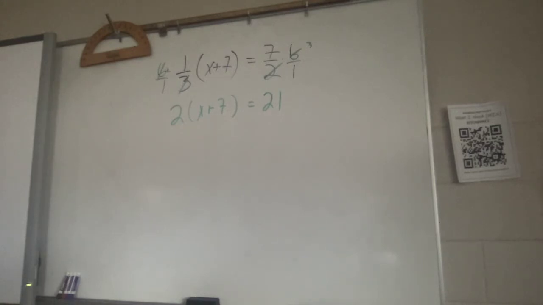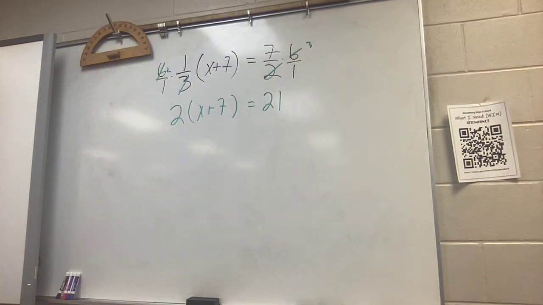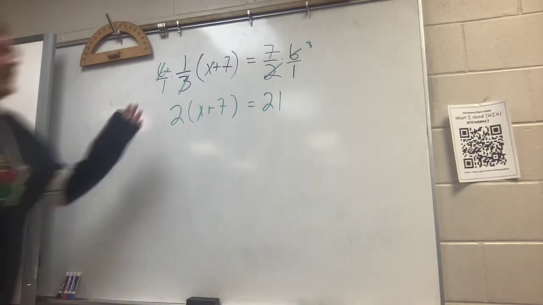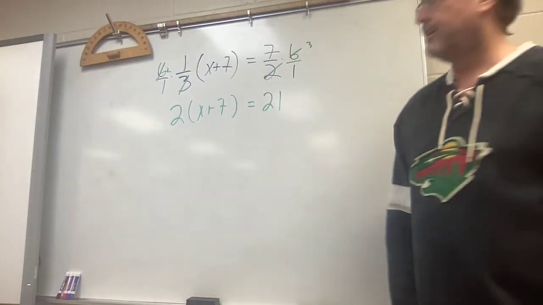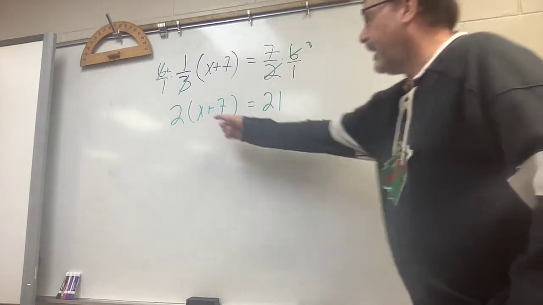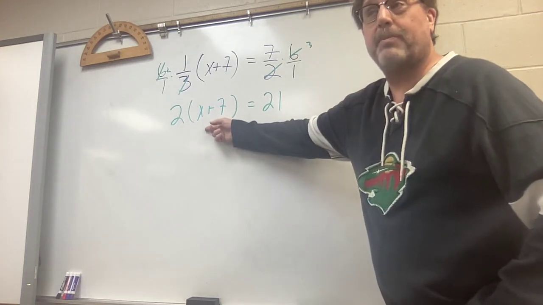Everybody in the room gets multiplied by 2. So what happens is everybody in the room gets multiplied by 2.